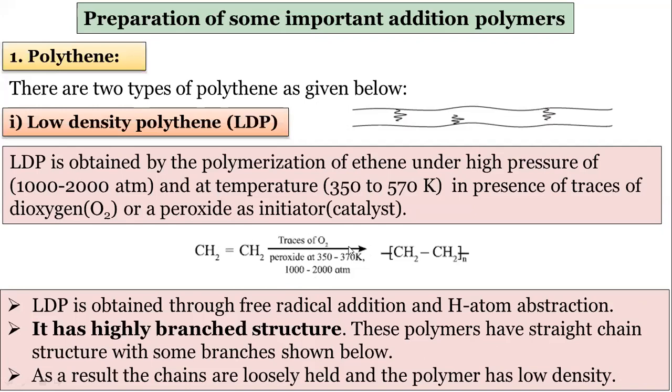So by using such conditions, we get low density polythene. As the name itself suggests, it has low density, and it has a branched structure.